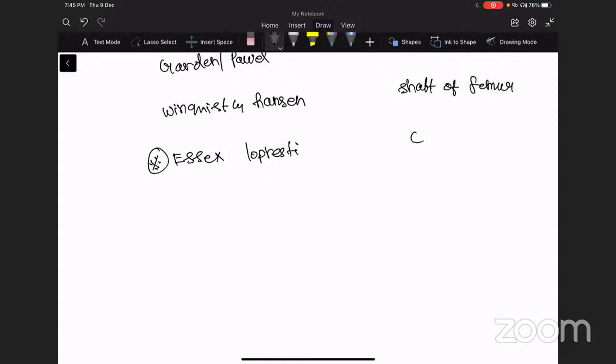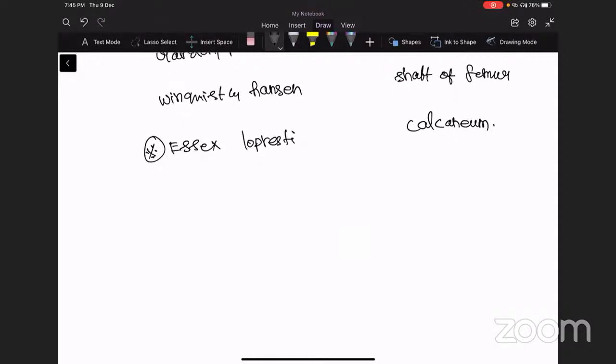Essex-Lopresti is for fracture calcaneum. Steinberg classification is also important for avascular necrosis.